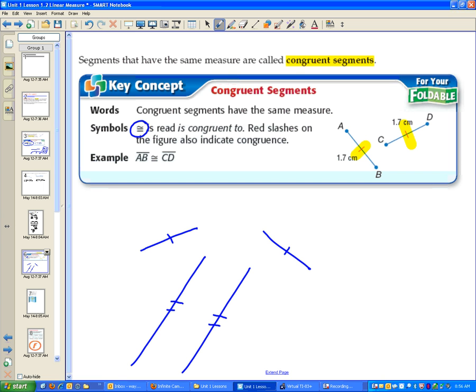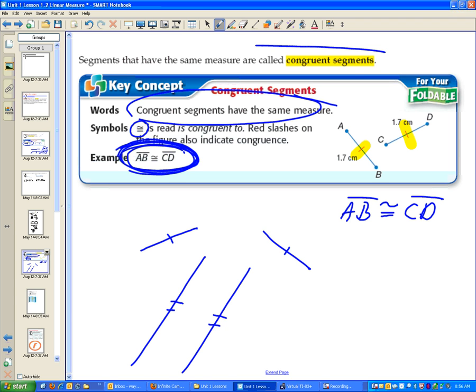Now, this little symbol here, an equals with a tilde above it, that's our congruent sign. You say it just like equals. Instead of saying such and such equals such and such, you say such and such is congruent to such and such. So this notation means segment AB is congruent to segment CD. If segment AB is congruent to segment CD, that means, by the definition, that the length of AB equals the length of CD.